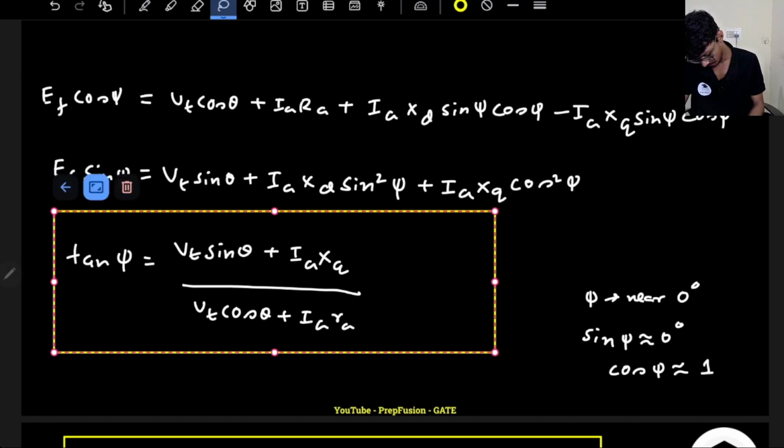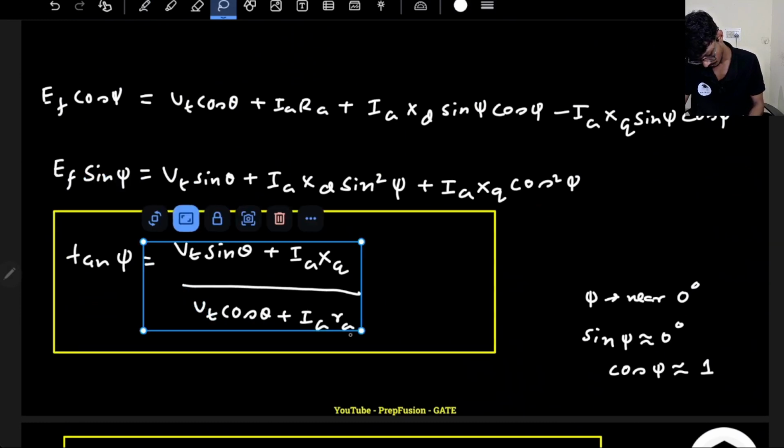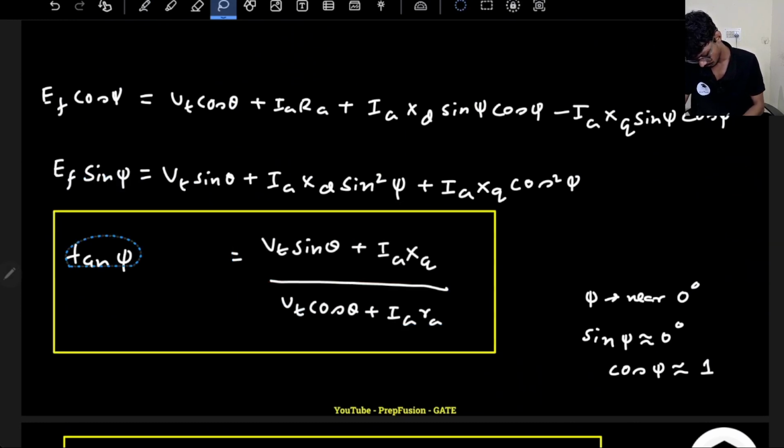This was for the lagging case, because this also will include the xi value, tan theta plus delta.